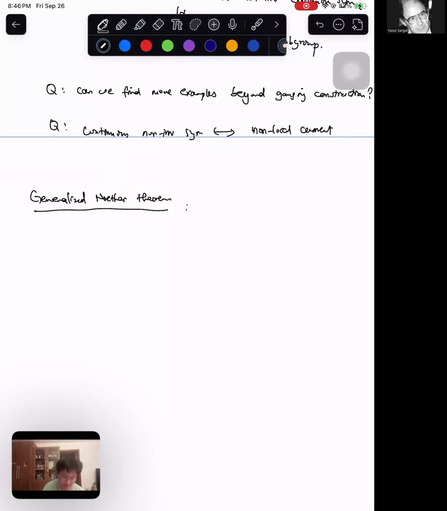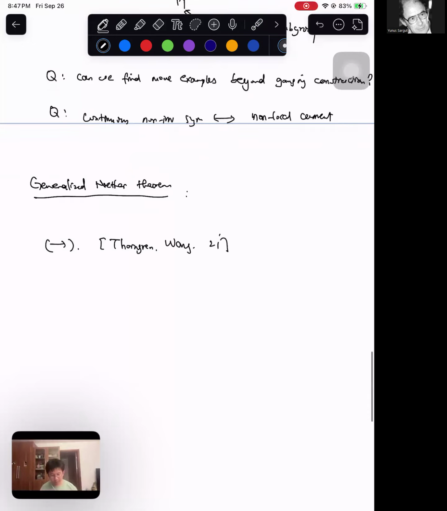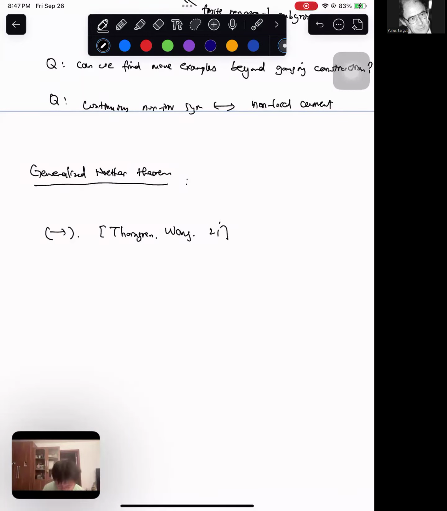For the arrow toward the right, this has already been discussed in a paper by Ran Sankaran and Li Fan Wang from 21. So we can borrow some results over there.